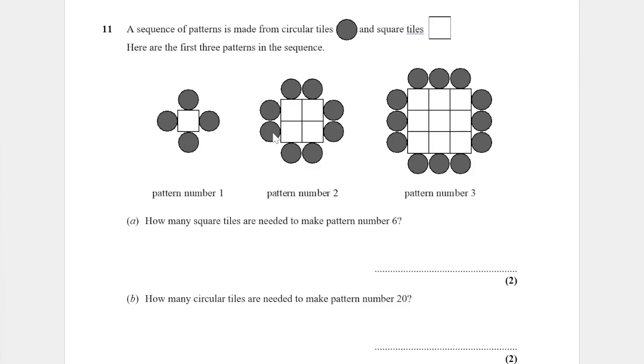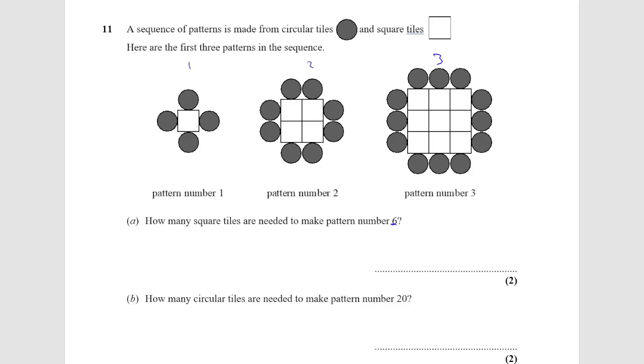So a sequence of patterns is made from circular tiles and square tiles. We're told here are the first 4 patterns. How many square tiles would there be in pattern number 6? If we look at the square tiles, this is pattern 1, pattern 2, pattern 3.